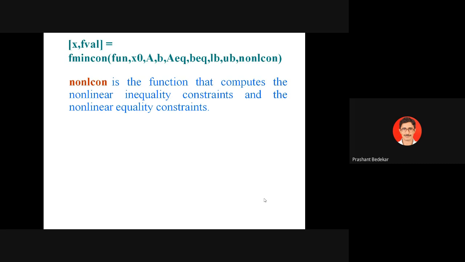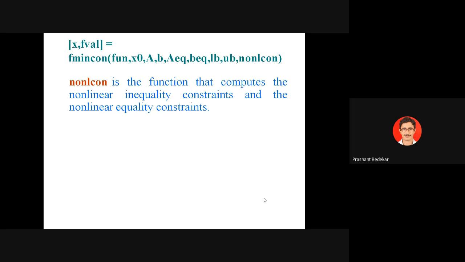Because what is fmincon? That is actually a program of the sequential quadratic programming method. I'm sorry to say, but this type of comparison is a useless comparison. The function itself is using the SQP method and you are also using the SQP method, comparing and saying that you are getting the same result. There is no meaning. Anyway, come back to our topic.